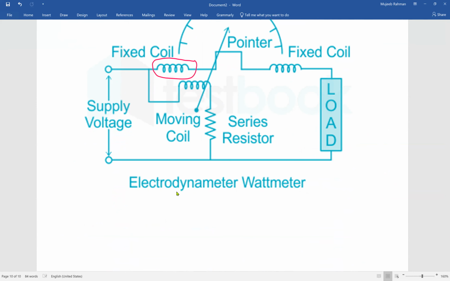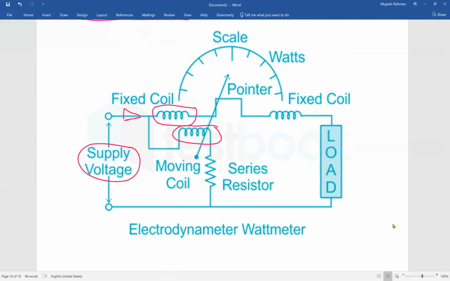As we said before, we have a fixed coil and a moving coil. The moving coil is called the pressure coil, and the fixed coil is called the current coil. The moving coil is connected across the supply voltage, and the fixed coil carries the load current here.